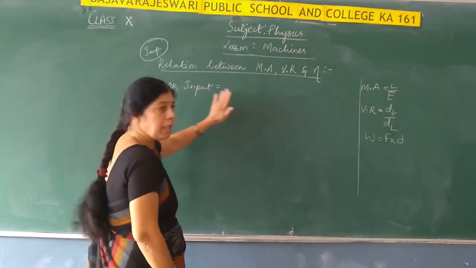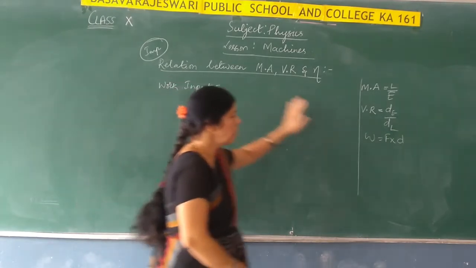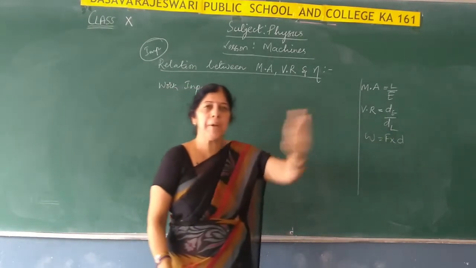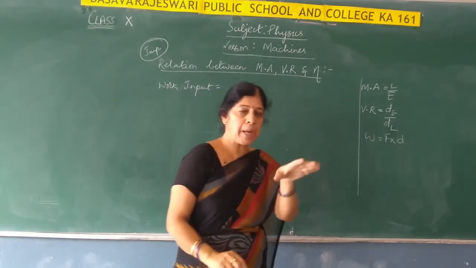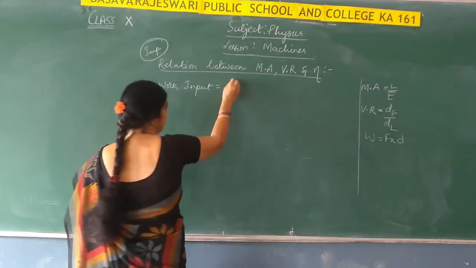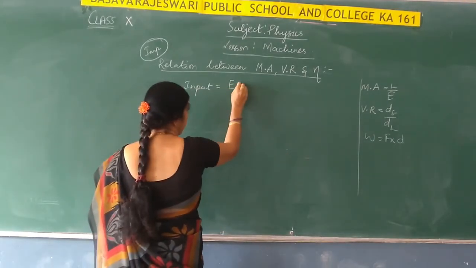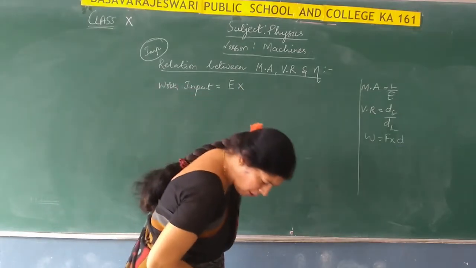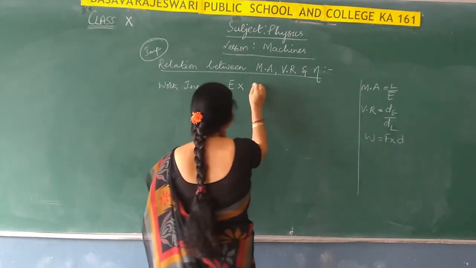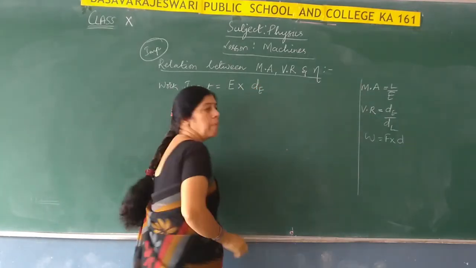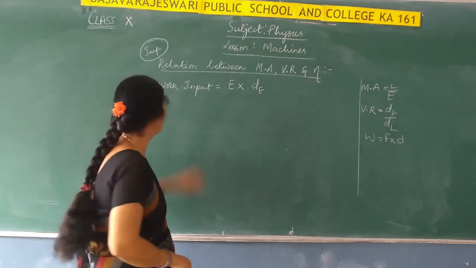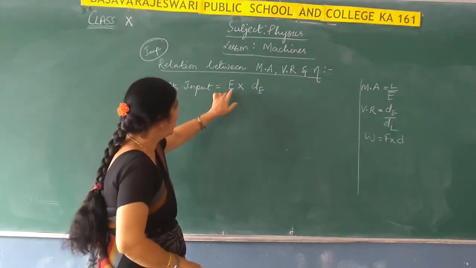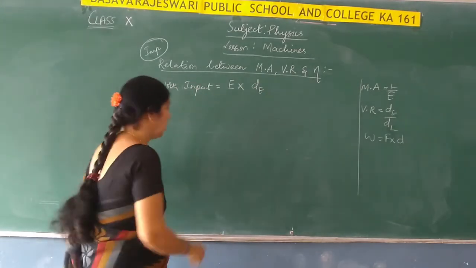Now here if you take work input, in case of a machine, what is the force applied on the machine called? The force applied on the machine is called the effort, multiplied by the displacement of the effort. So work input will be equal to E multiplied by dE.